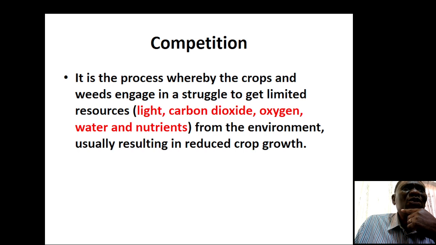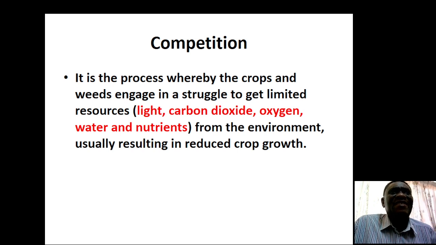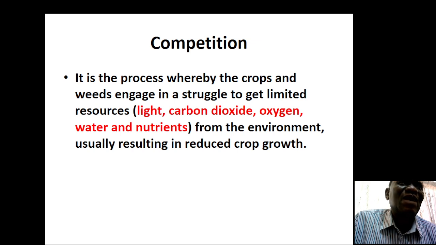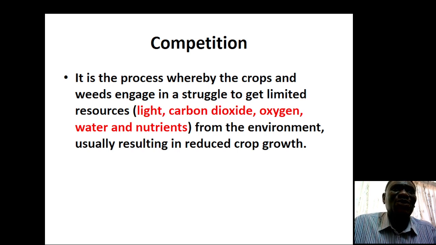This is the process whereby the crops and the weeds engage in a sort of struggle to get limited resources, which are specifically light, carbon dioxide, oxygen, water, and nutrients from the environment, usually resulting in a reduced crop growth. So this is the concept of competition.